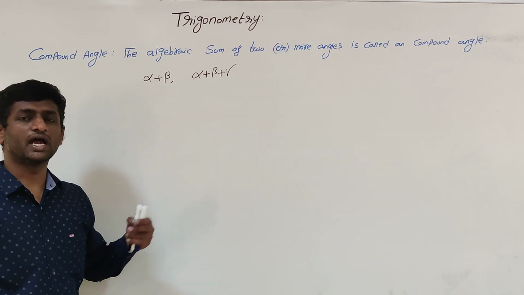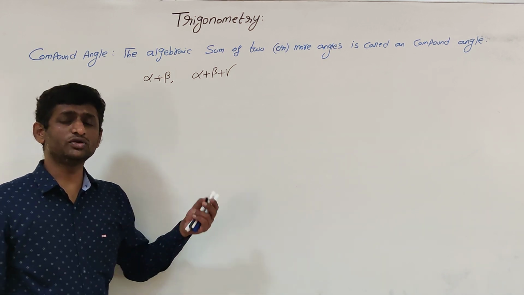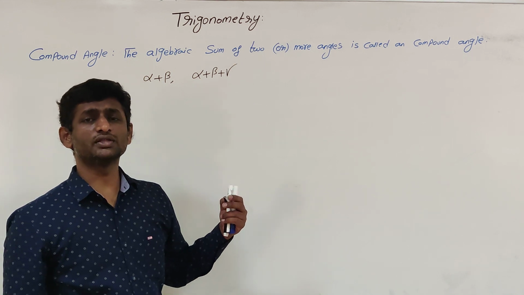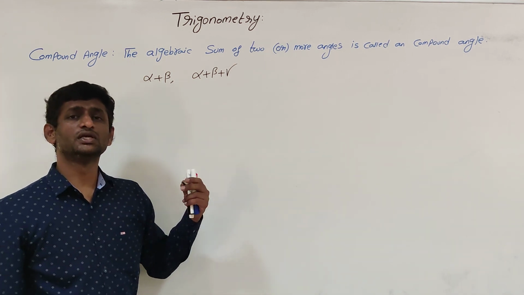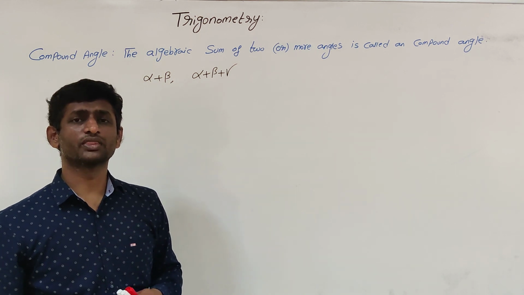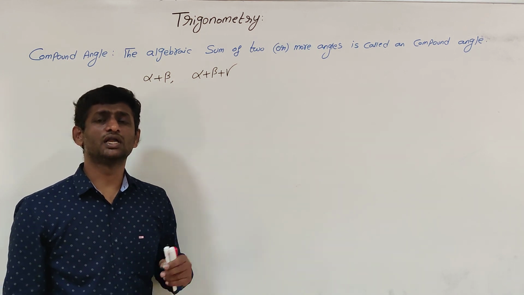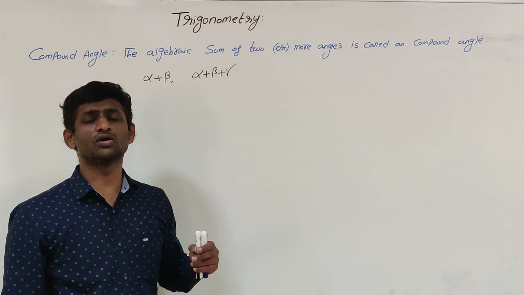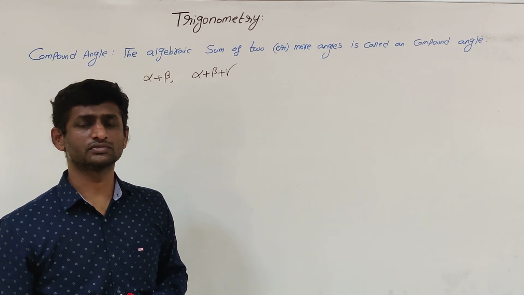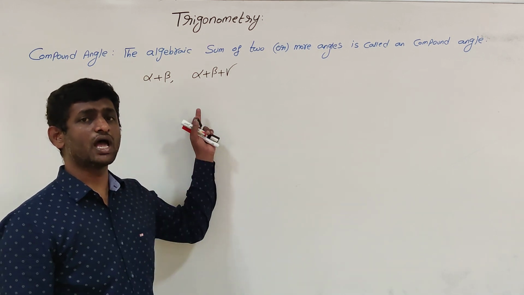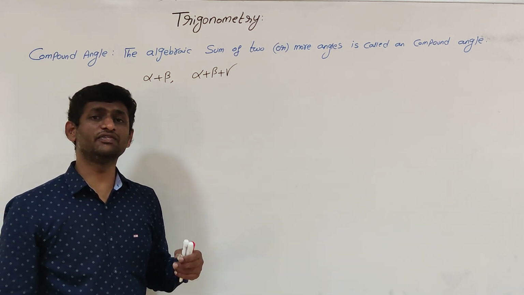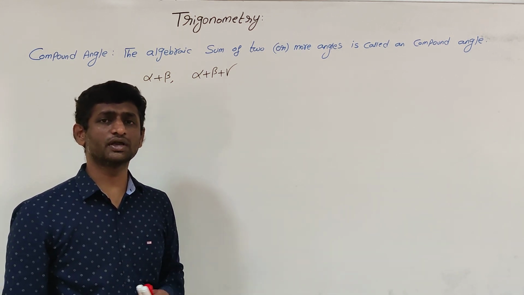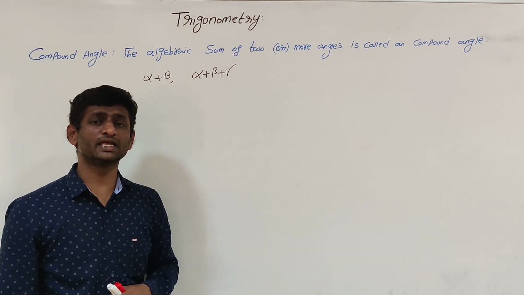For these angles, now we will try to find out the trigonometric ratios for alpha plus beta, that is sin of alpha plus beta, cos of alpha plus beta, tan of alpha plus beta and cot of alpha plus beta. So these are called angle sum formulas. Similarly, we can have angle difference formulae. Now we'll see one by one. First we'll go for angle sum formulae.